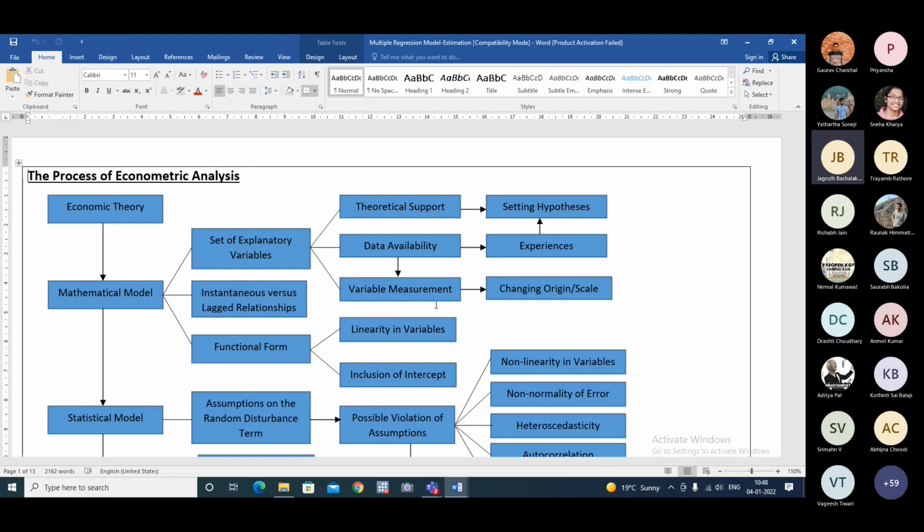Now let us take the example of profitability. When I say profitability, we basically measure it as profit by sales.